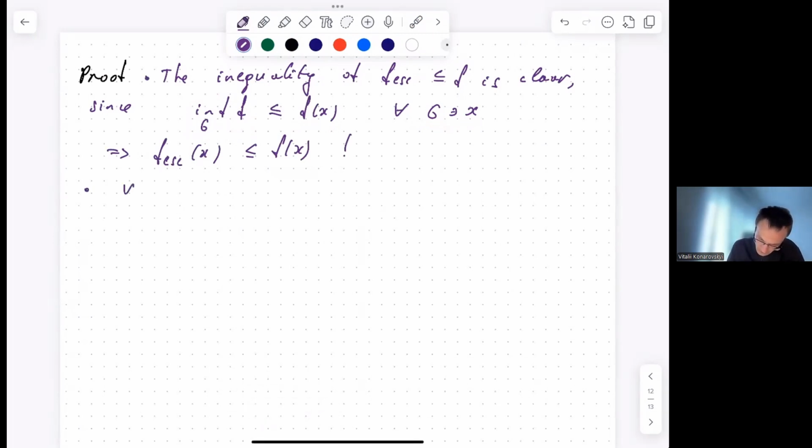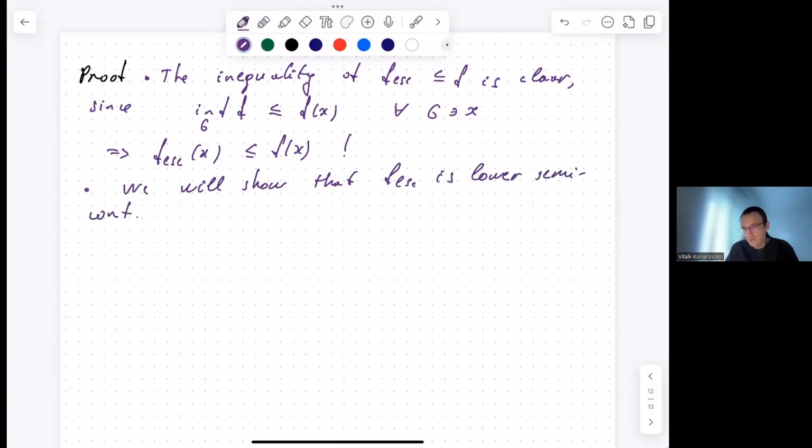That gives the proof. Now we want to show that the function is lower semi-continuous. And for that, we will use the claim that it is lower semi-continuous if and only if the level sets are closed sets.